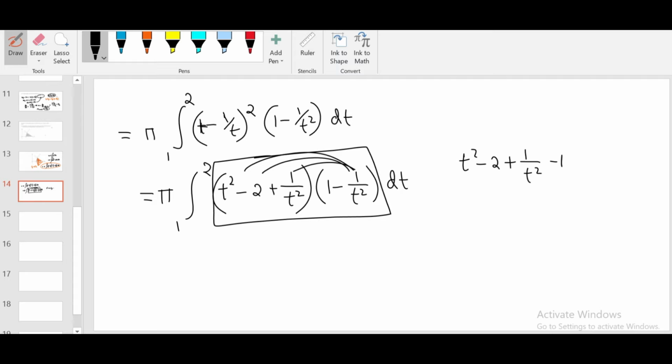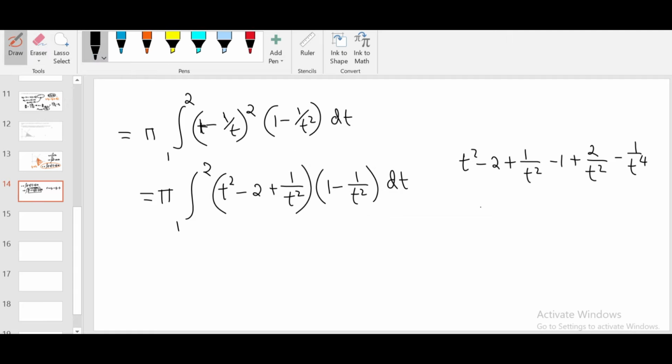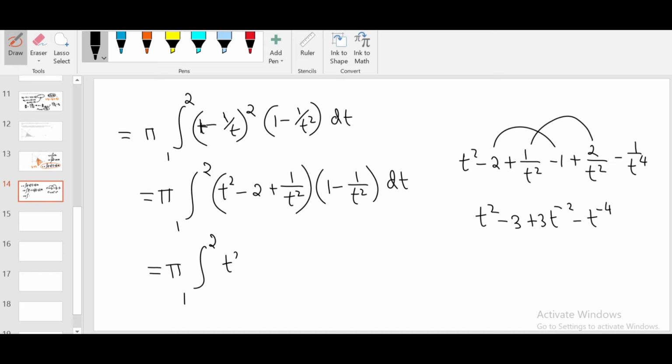You will get minus 1 plus 2 over t square, and then minus 1 over t power 4, which is basically t square minus 2 minus 1, which is going to be minus 3, plus 3 over t square (3 t power minus 2), minus t power minus 4. So it's going to be pi integral 1 to 2 of t square minus 3 plus 3t power minus 2 minus t power minus 4 dt.